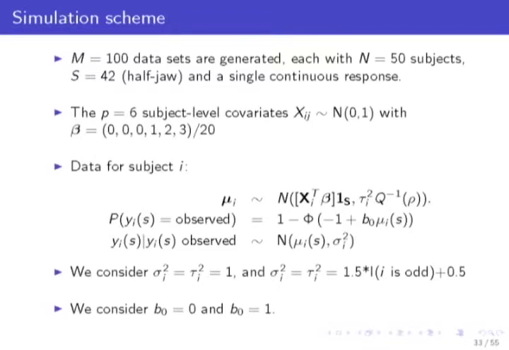Now 2 cases we are considering. We are considering homoscedastic, sigma I square equals tau I. Sigma is the error variance, tau is the spatial variance, fixing it to be 1. And here it is varying with respect to whether I is odd or even. And we consider cases where B0 is 0 and 1. Remember, when B0 is 0, you are not modeling the informative absence or presence of a component, and here you are modeling it.